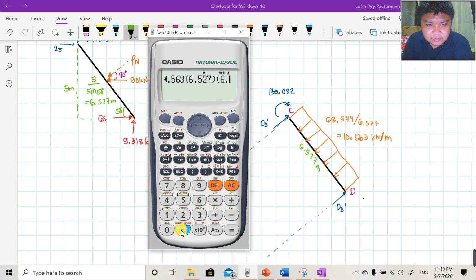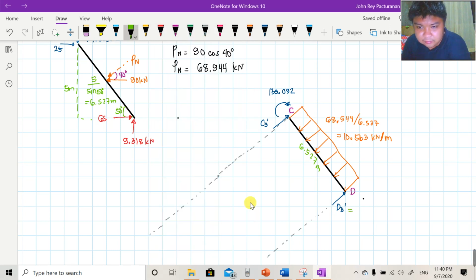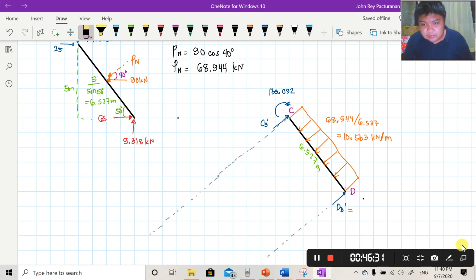Ang ginagawa ko na lang class, sinasarili ko na lang siya dito, equals DY times 6.527. So, ang magiging sagot niyan class ay 55.783. Sige. Lagay natin 55.783.